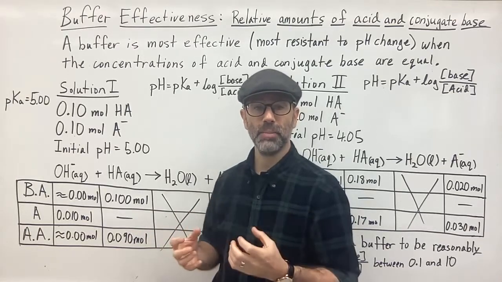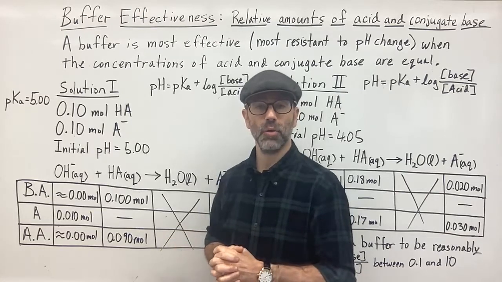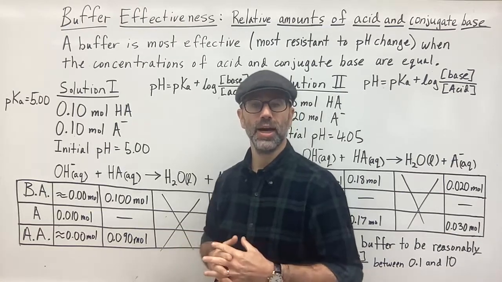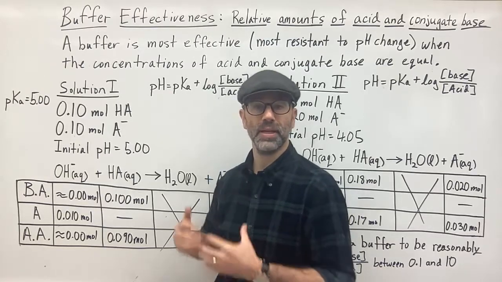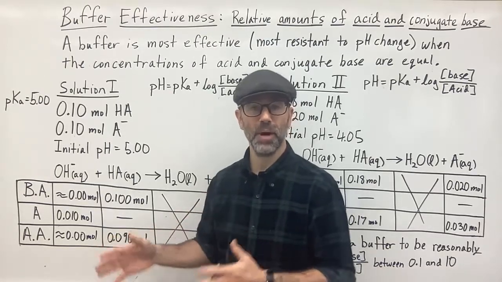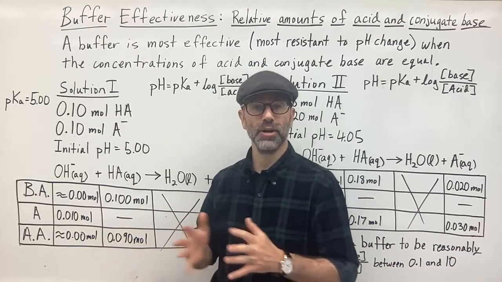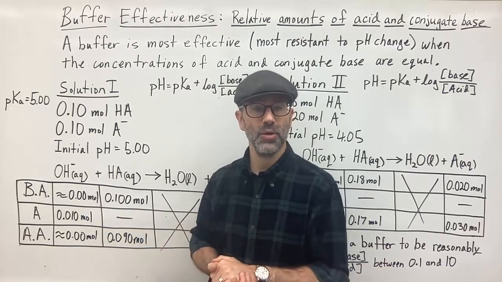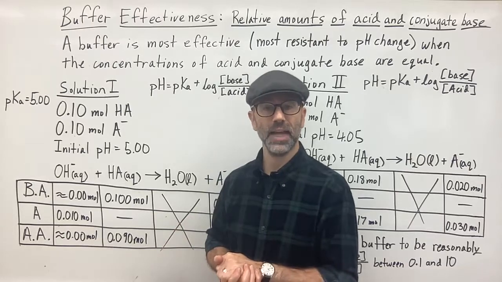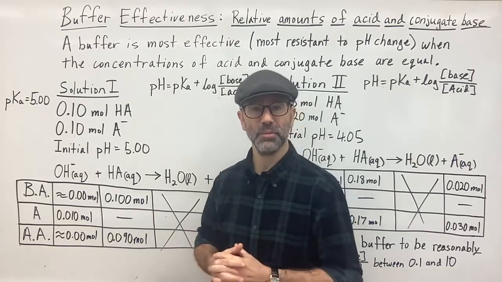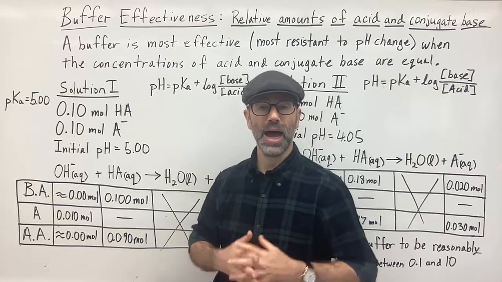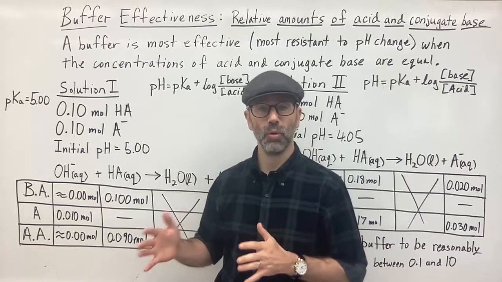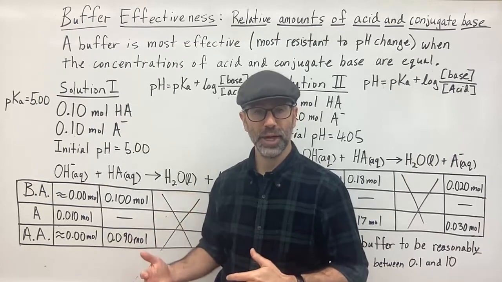Remember, when you're trying to figure out the effect of an acid or base on the buffer, and figure out what the new pH is, you have to do a table, kind of like an ICE table, where you're not looking at equilibrium, you're looking at how the amount of moles change after the reaction.